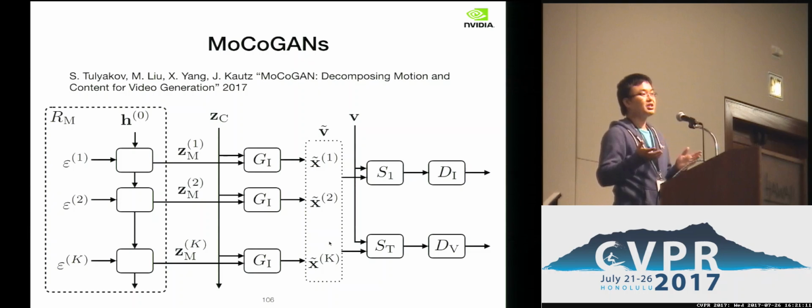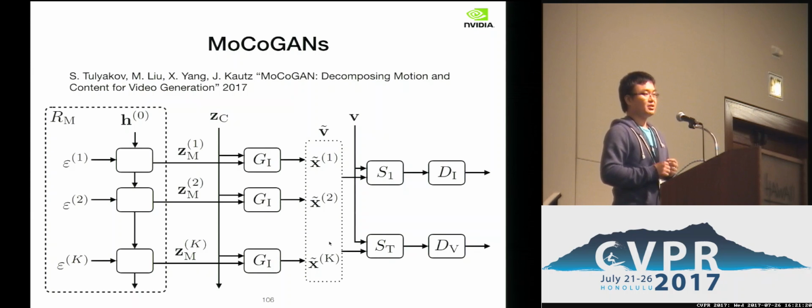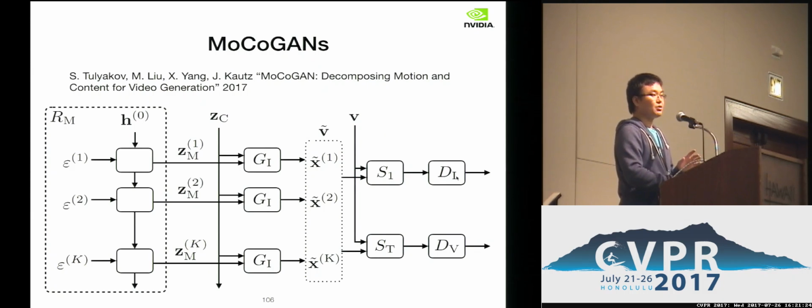Now we need a discriminator to see if we are doing a good job in the generation. Instead of using one discriminator, we use two. One is called DI, an image discriminator. Basically, we randomly sample one frame from this sequence and try to measure whether it looks like a real image.